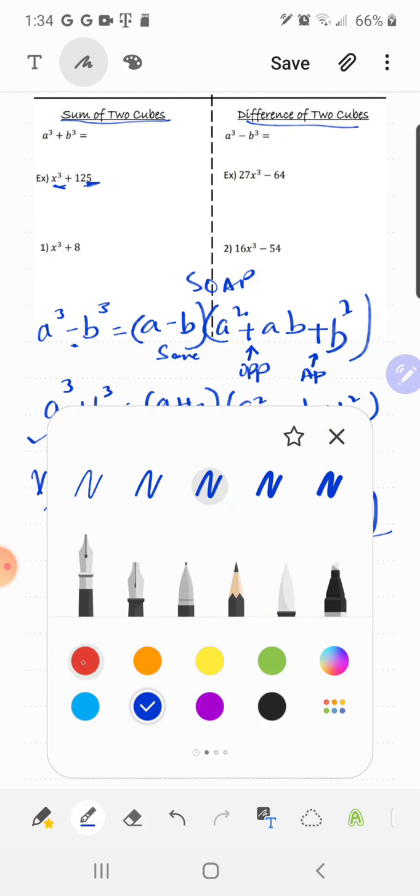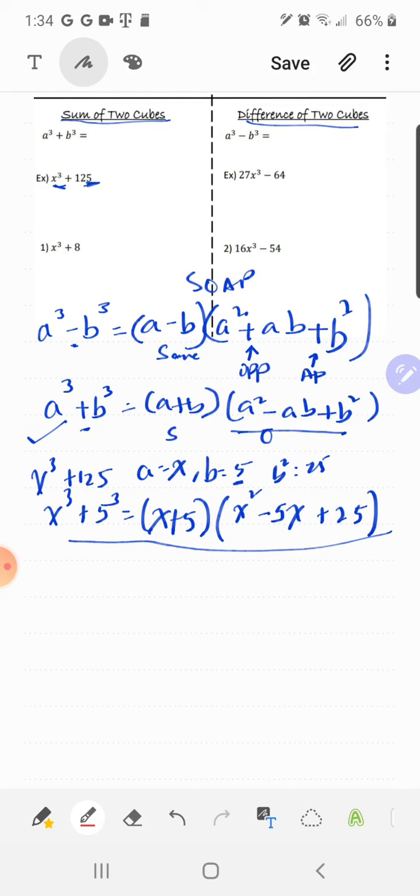Let's change the color. Now let's try x cubed minus 8, just to make use of the difference of cubes formula. We can rewrite this as x cubed minus 2 cubed, because 8 is a cube of 2.